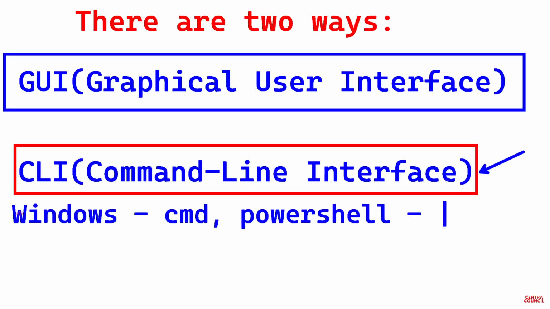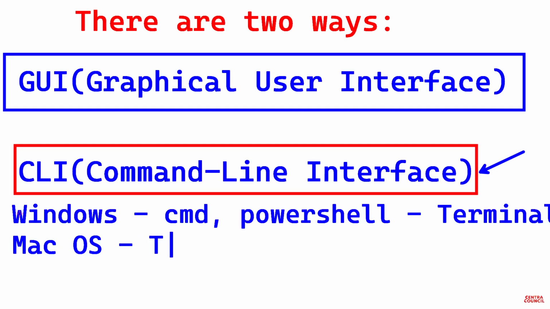So all of these are just simply called terminal, or you can call it terminal. In some cases people call it terminal, but there are slight in-depth differences between them, but we will not go in depth into that. So there is also another operating system called Mac OS, right?